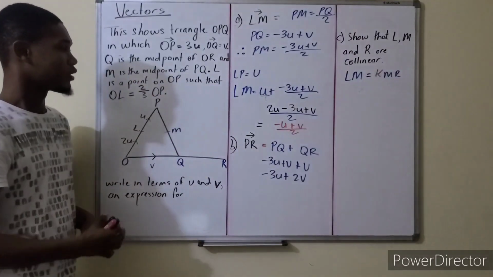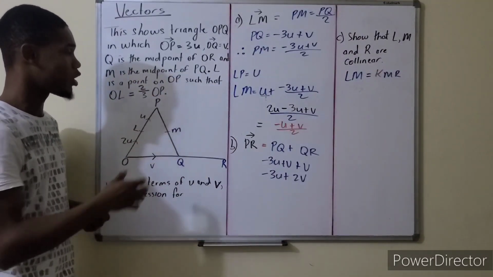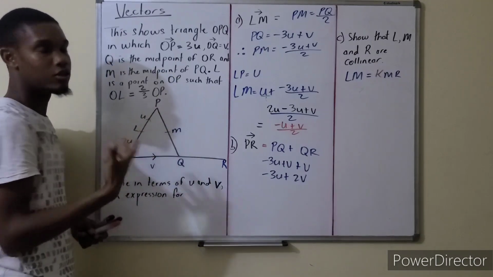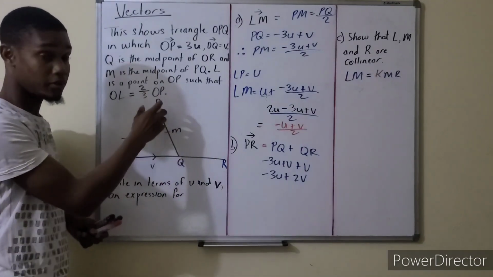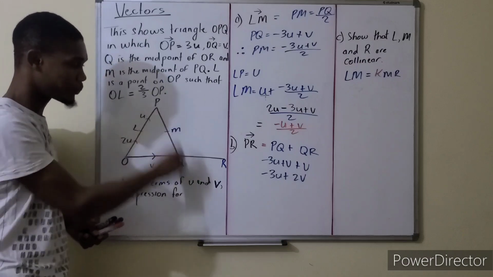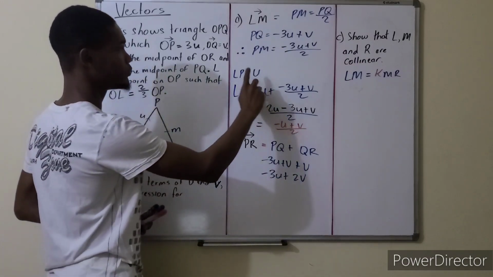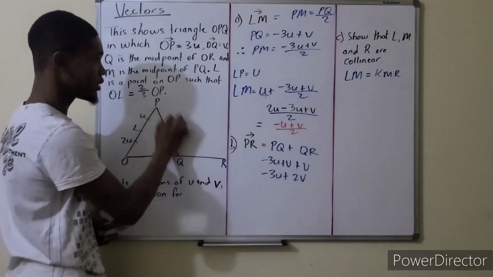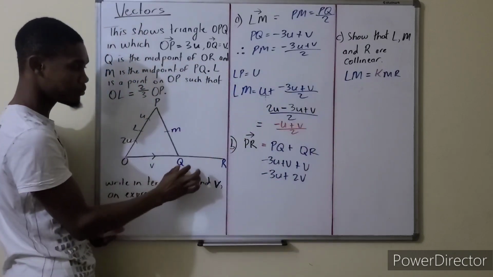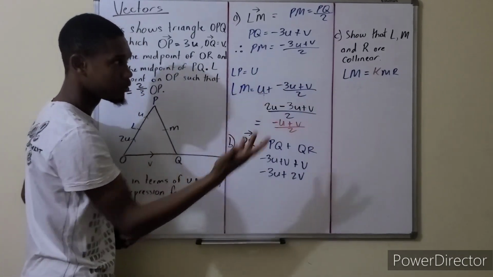Working M to R, we already know what PQ is. Since PM is half of PQ, it means that MQ is equal to the same thing as PM.